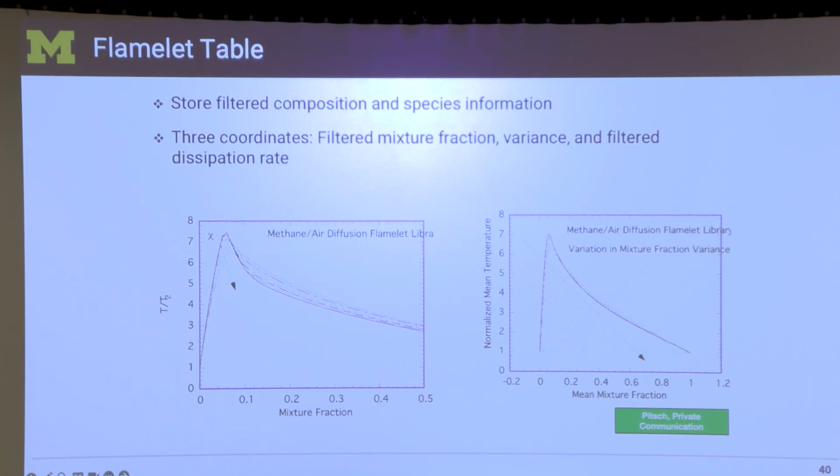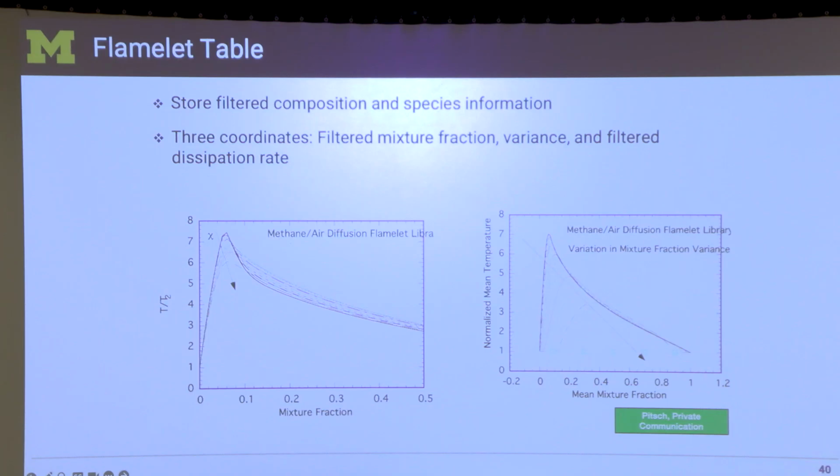So how does this look? The same table that I had before, I have mixture fraction on the x-axis. I varied chi because I varied strain rate, and I'm plotting temperature here. So for different strain rates or different dissipation rates, I'm going to get different curves here.